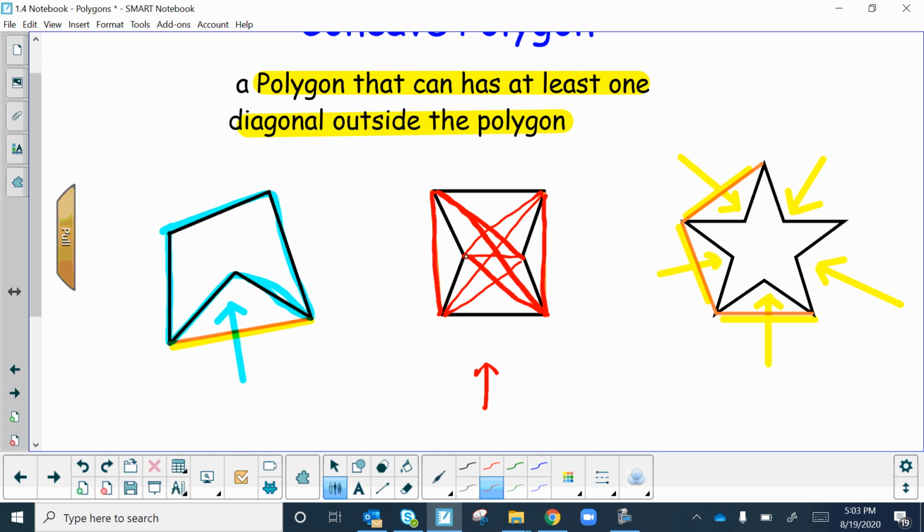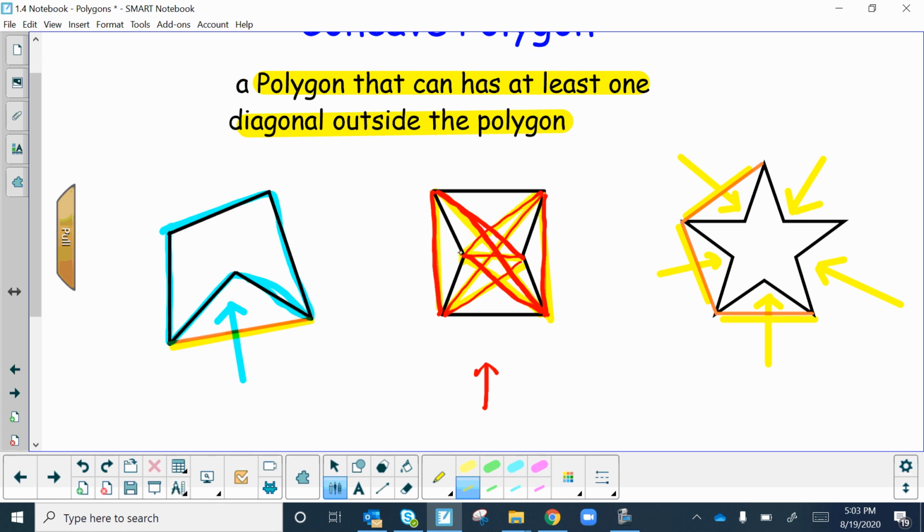Sometimes it asks how many diagonals exist in a polygon. Well, you need to draw all of them out. So this one here has 1, 2, 3, 4, 5, 6, 7, 8. Let me highlight them because sometimes it gets difficult counting these. So this concave polygon has 1, 2, 3, 4, 5, 6, 7, 8.